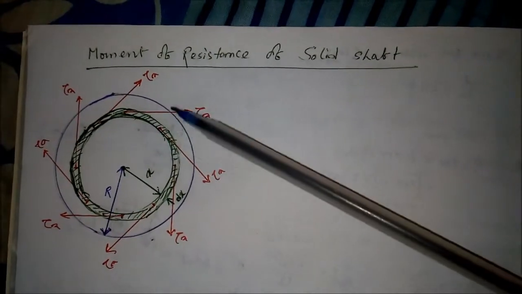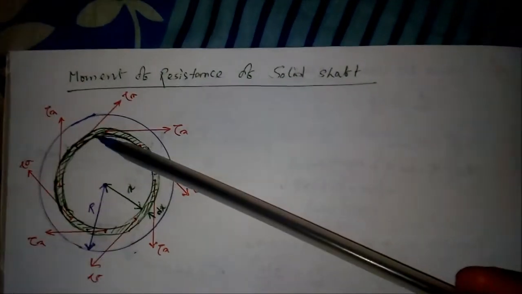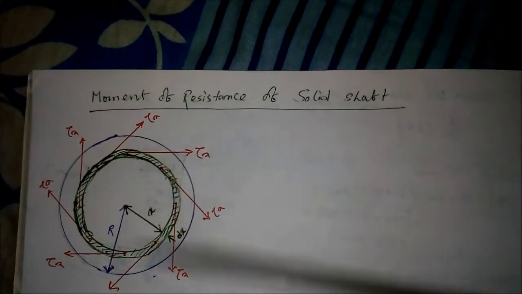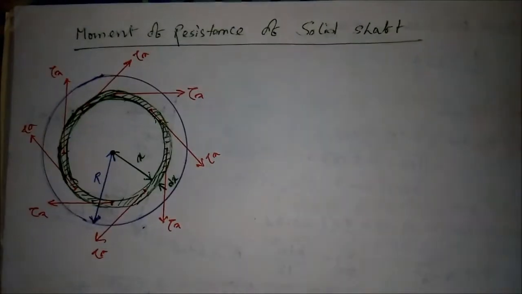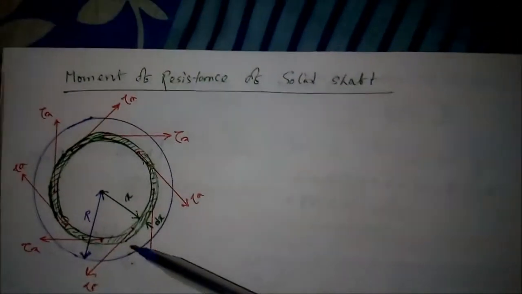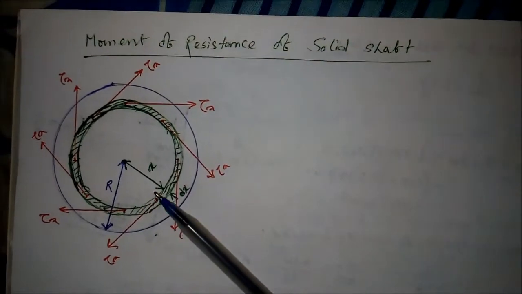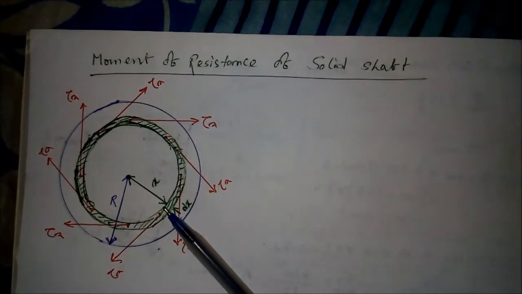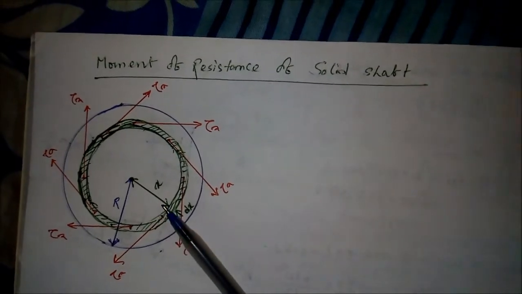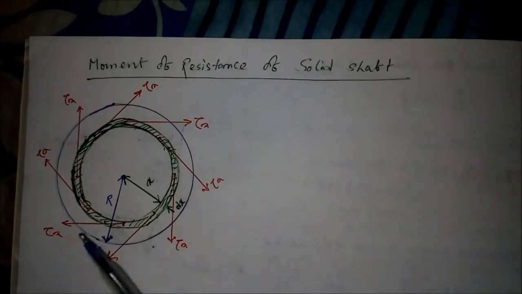Now suppose we are considering one element which is situated x distance from the center and has a thickness of dx. So x distance apart from the center, and the thickness of this element is dx.